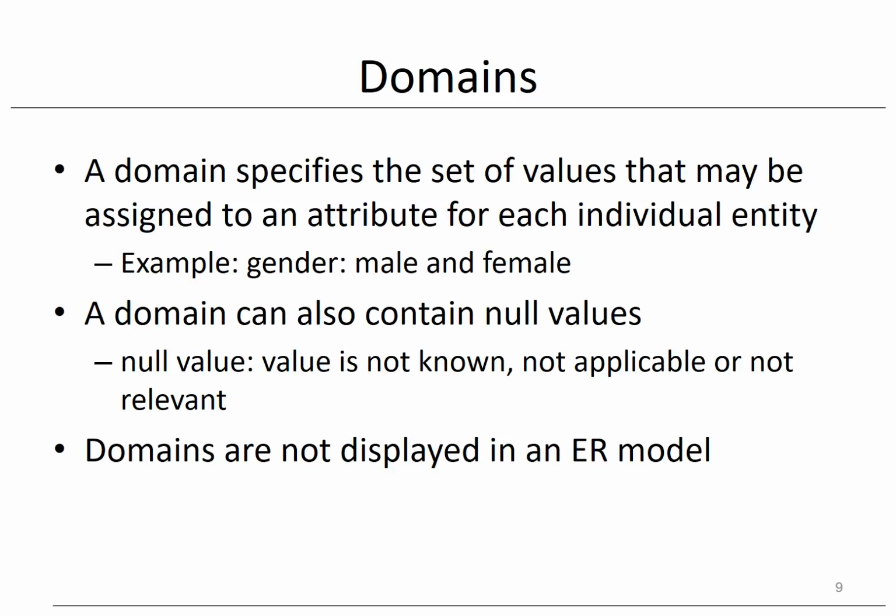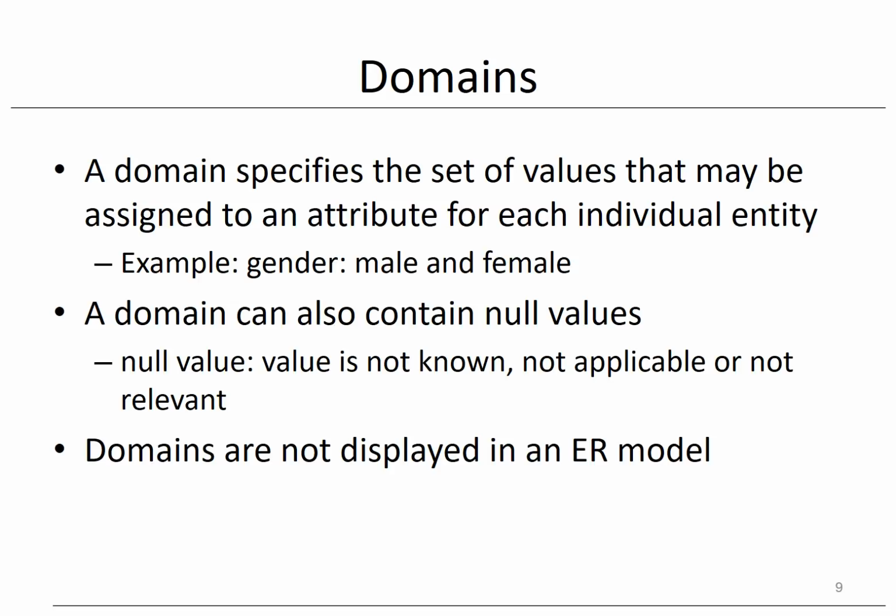A domain specifies the set of values that may be assigned to an attribute for each individual entity. A domain for gender can be specified as having only two values, male and female. Likewise, a date domain can define dates as day followed by month followed by year. A domain can also contain null values.